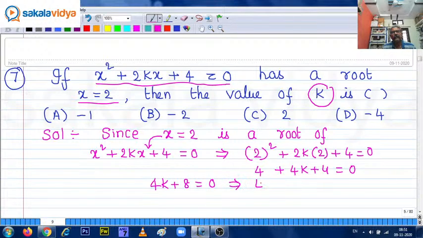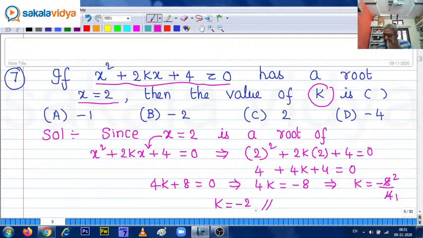So 4k equals to minus 8. Now this implies k equals to minus 8 upon 4. Now what do you get? Yes, you are correct. 4 1 ja, 4 2 ja. Therefore k equals to minus 2. So that means option B is the right option.